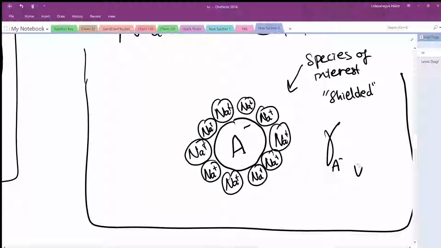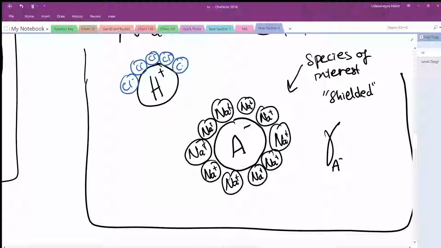Because now suppose that we have another reaction. So this is going to collide with H plus. But remember, the H plus ion is also going to be surrounded by inert ion, let's say Cl minus. So this is your inert ion in solution.